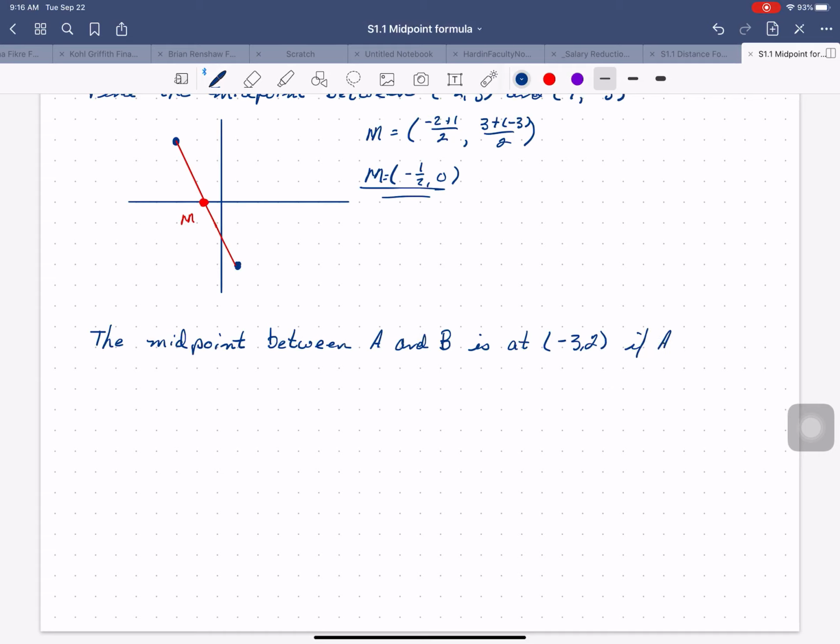If A is at the coordinates 4, 7, find B.